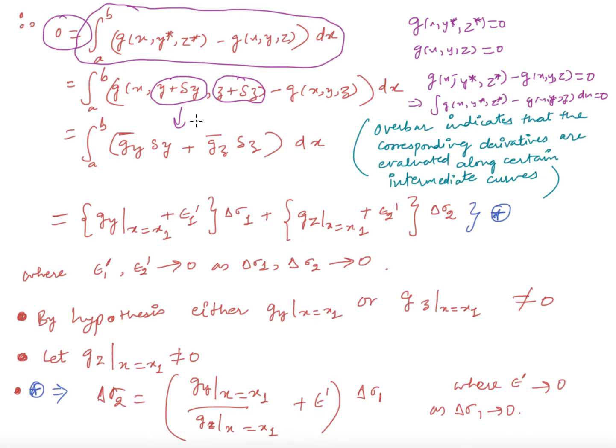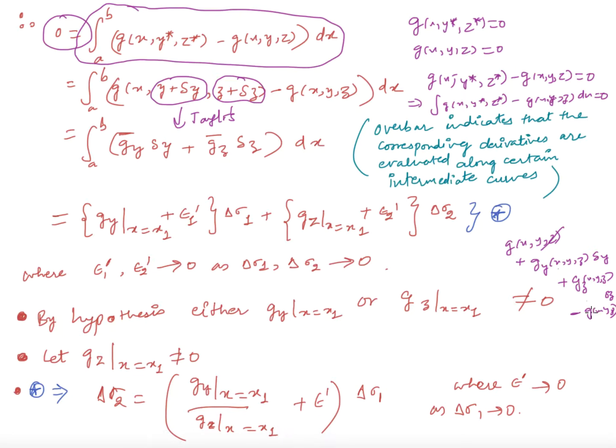So now you can use Taylor's expansion here. You will get g of x, y, z plus the partial derivative of g with respect to y at x, y, z times delta y, plus the partial derivative of g with respect to z at x, y, z times delta z, minus this g of x, y, z.